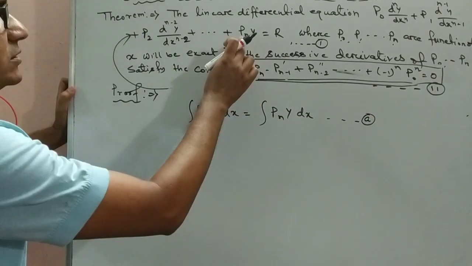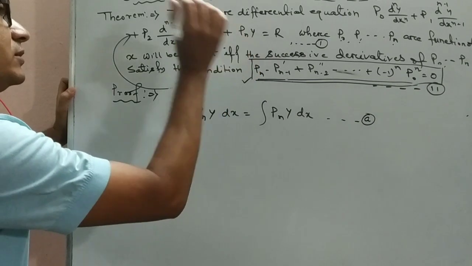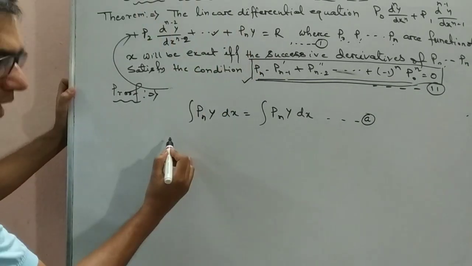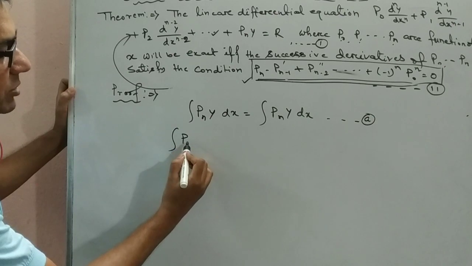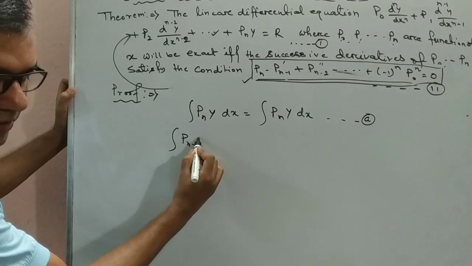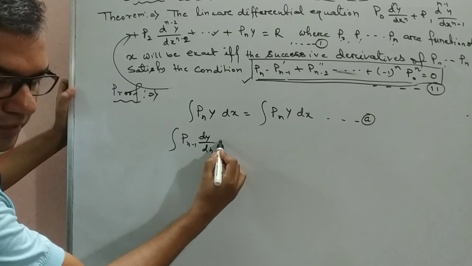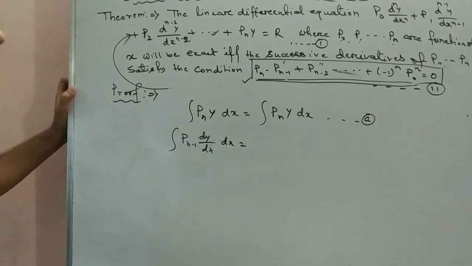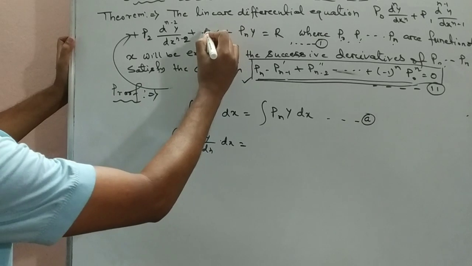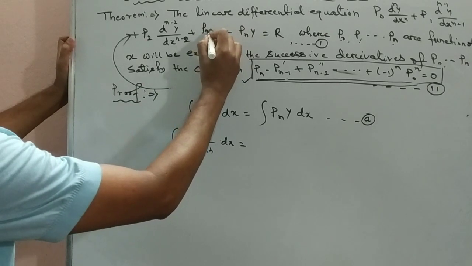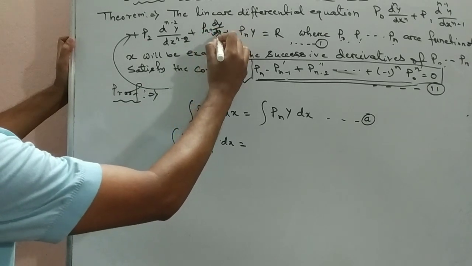Now we take the previous relation as the integration of P_{n-1} dy/dx into dx, right? Here, P_{n-1} dy/dx.